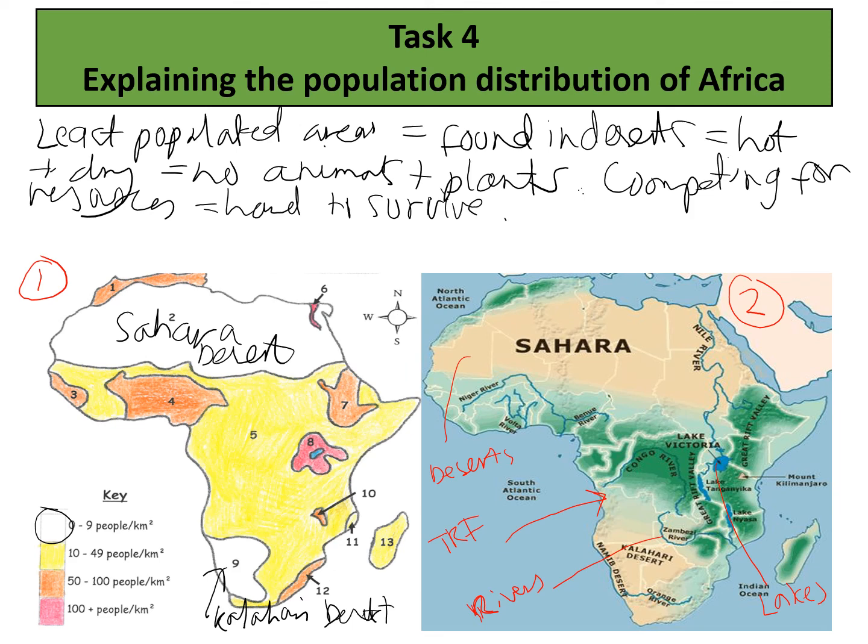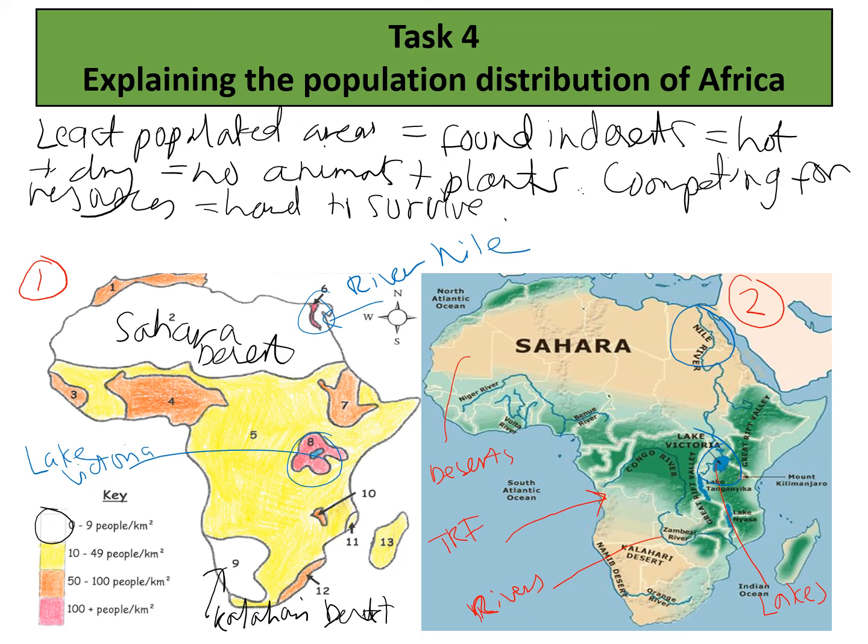So where then do we see areas that are most densely populated? Well, we have this region here, number 6 and number 8. And if you look in the middle of number 8, we actually have Lake Victoria. And number 6, this shaded bit is actually around the River Nile, which we can see here.